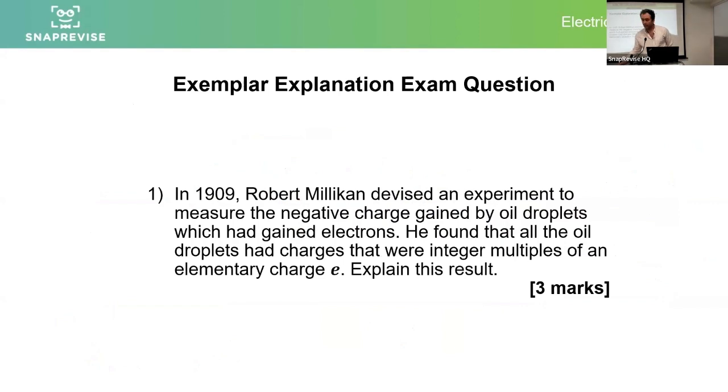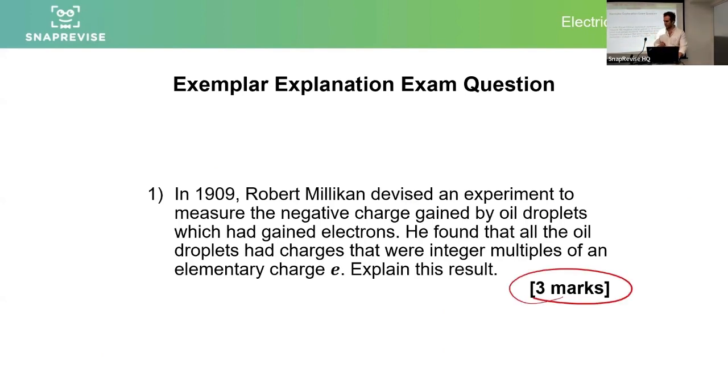Okay, let's do an exam question. In 1909, Robert Millikan devised an experiment to measure the negative charge gained by oil droplets. This is the experiment I was referring to earlier, which had gained electrons. He found that all the oil droplets had charges that were integer multiples of an elementary charge E. Explain this result. 3 marks, so we expect to make 3 points.